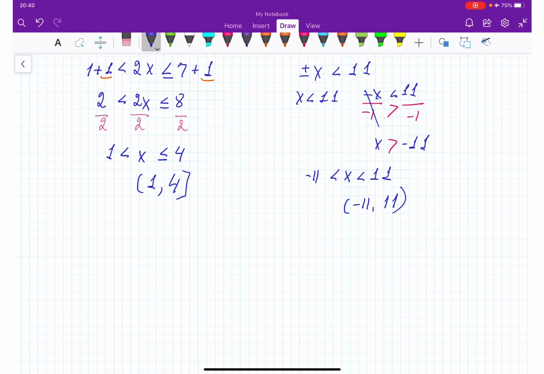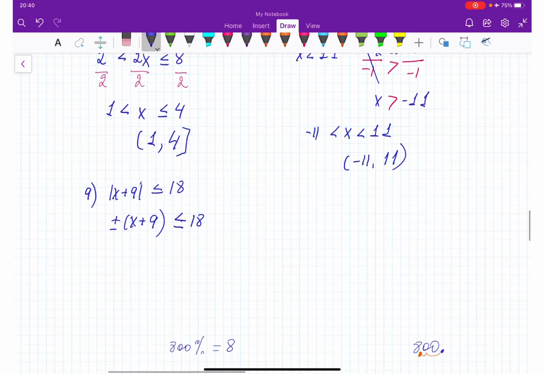Question number 9. We have absolute value x plus 9 is less equal 18. Okay, so we get plus minus x plus 9 less equal 18.